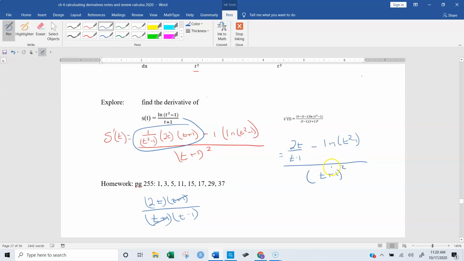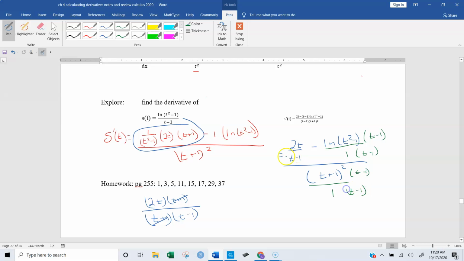It would actually be okay here. I wouldn't care if you finish this one or not, but it's not bad practice. You have three terms here. You've got your 2t over t minus 1. You've got the natural log of t squared minus 1, really over 1, right? And the t plus 1 squared over 1. What is your common denominator? So if we took this guy times t minus 1, numerator, denominator, the same here.